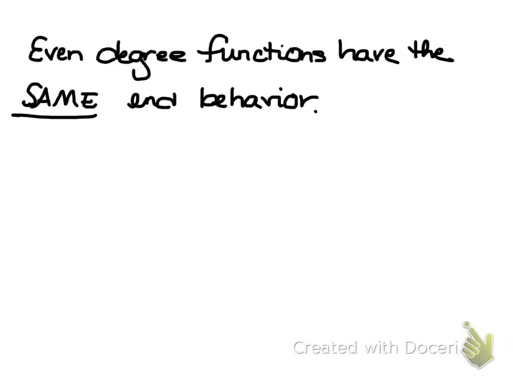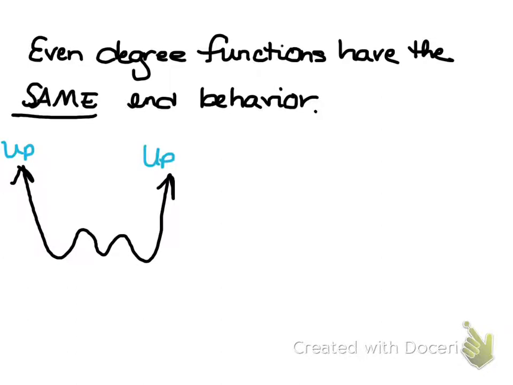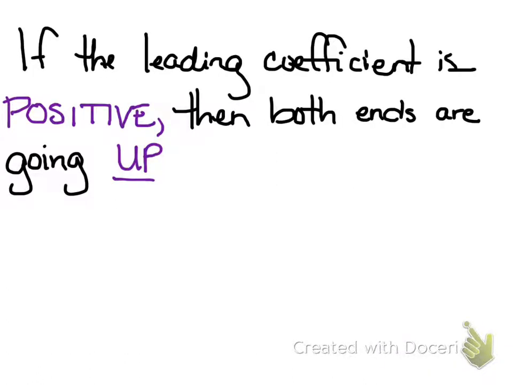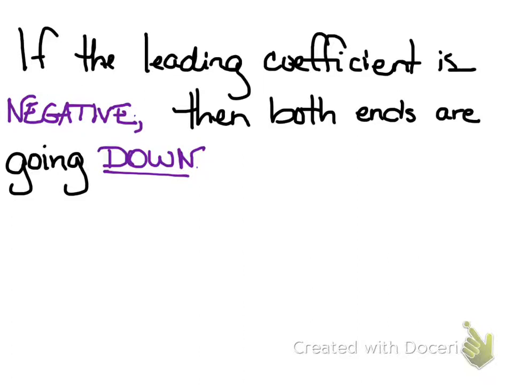In other words, either both sides are going to go up, copy this down, or both sides are going to go down. Okay? Do not copy this down, because we're going to talk about this here in a minute. If the leading coefficient is positive, then both ends are going up. If the leading coefficient is negative, then both ends are going down.